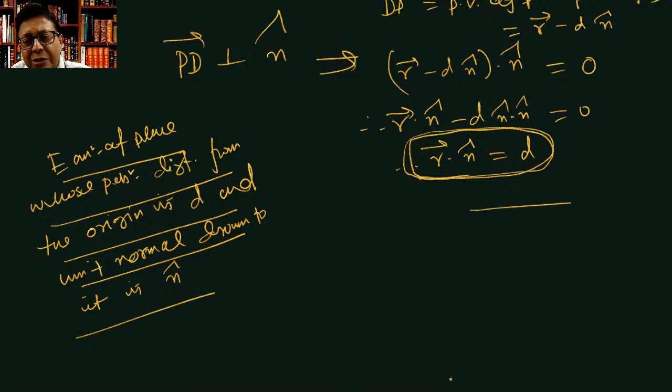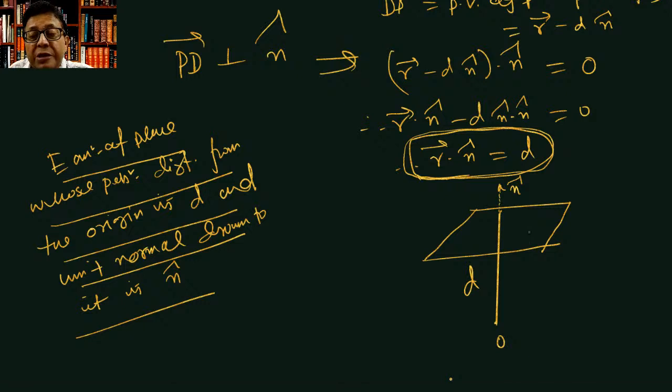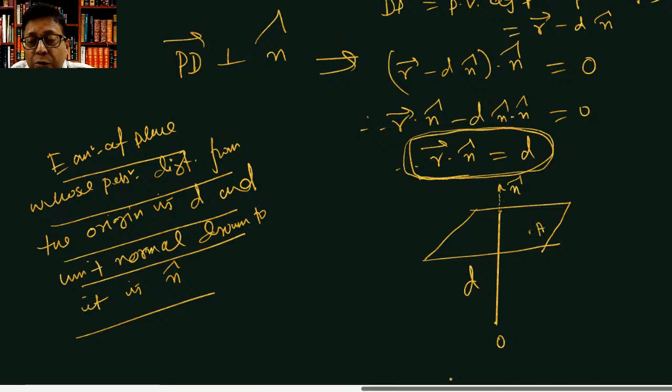Understood? So imagine once more, this is the plane, the origin is there, its distance from the origin is D and the unit normal, this is the perpendicular distance, so the unit normal will be directed this manner along n cap, and an arbitrary point we have taken as R. This perpendicular distance is D from the origin.